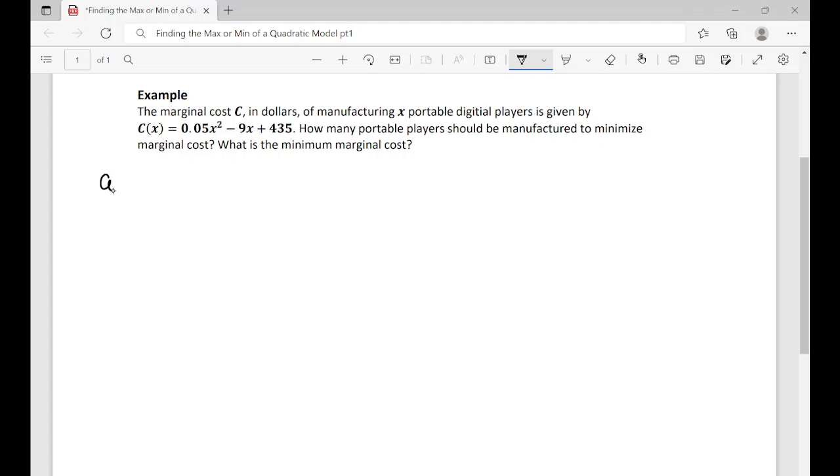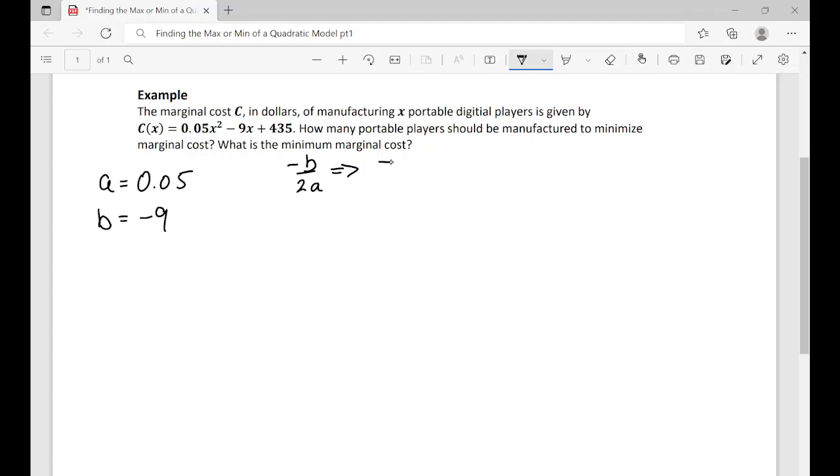So we're in good standing. a is going to equal 0.05 and b is going to equal negative 9. So now we're going to find our x value, which is going to be negative b over 2a.